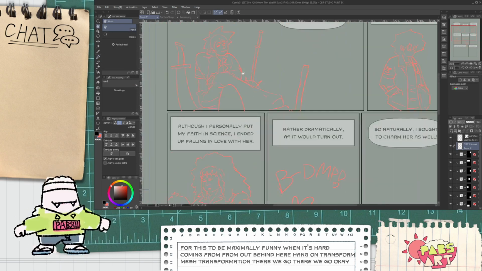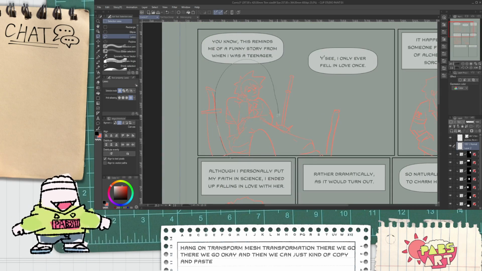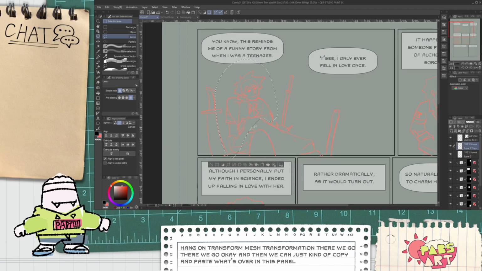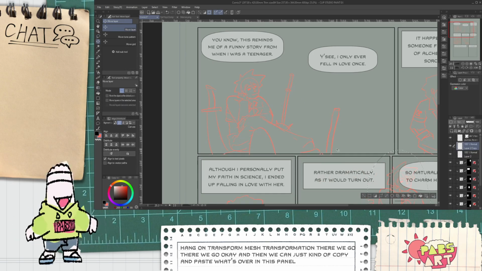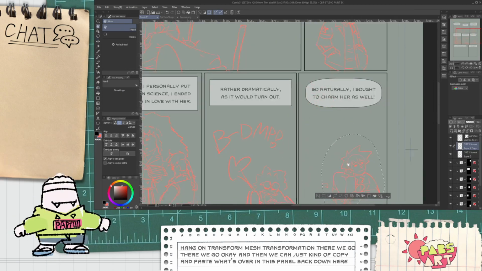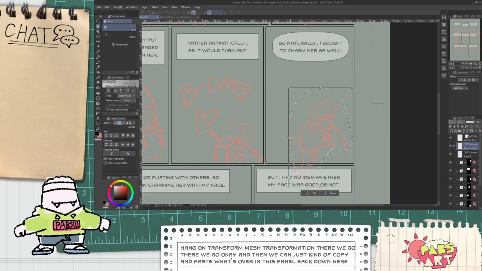Okay, and then we can just kind of copy and paste what's over in this panel. Back down here. Perfect.